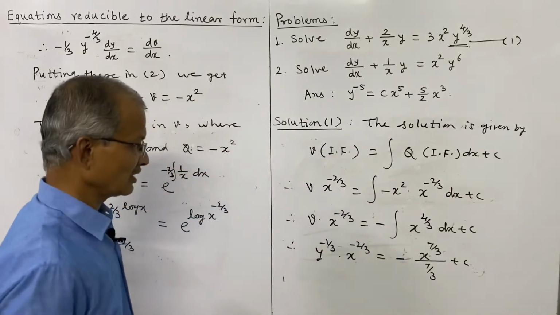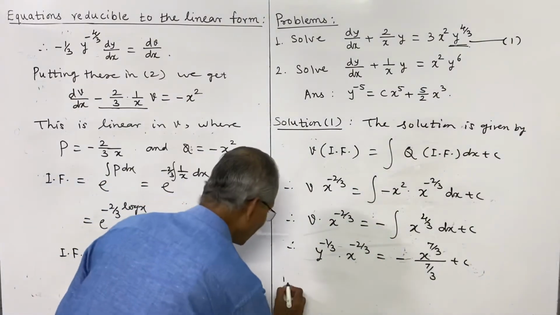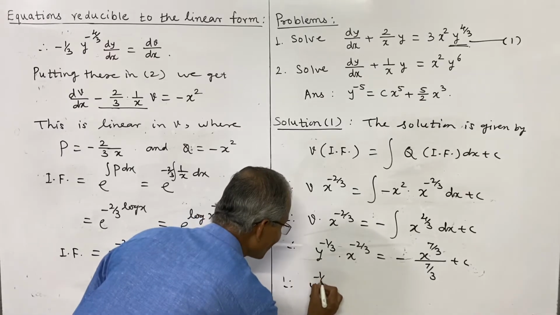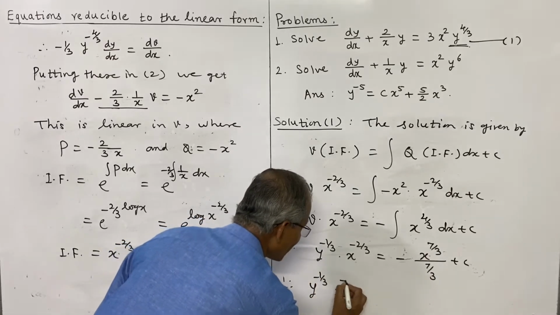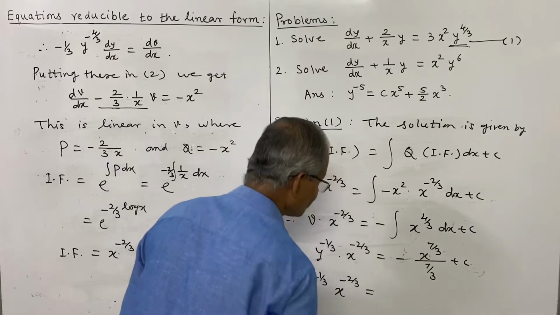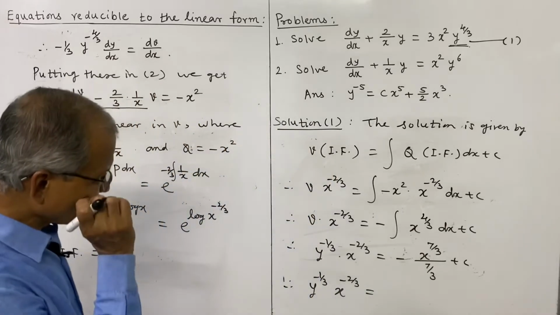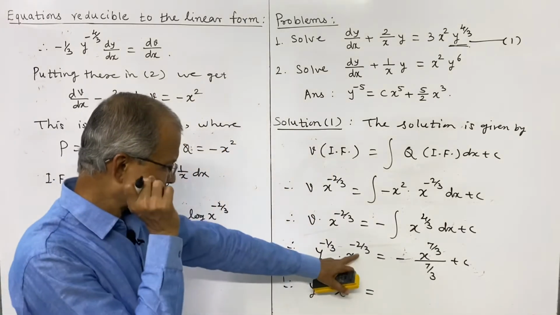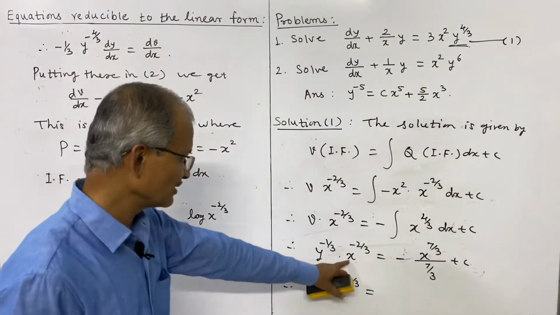So this is actually the solution, or we can write it as y to the power minus 1/3 x to the power minus 2/3 is equal to. We can simplify and multiply by x to the power 2/3 to eliminate this.